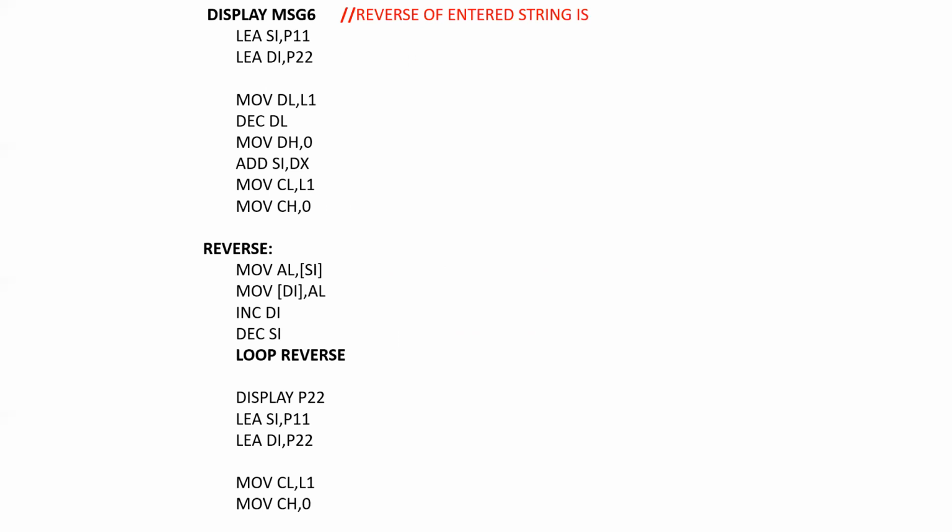As you entered NAYAN, at source index value 0 you have N. You move that into the accumulator, and from the accumulator into your destination index. That's why you are loading each and every character from p11 to SI and p12 to DI. These are two different variables.